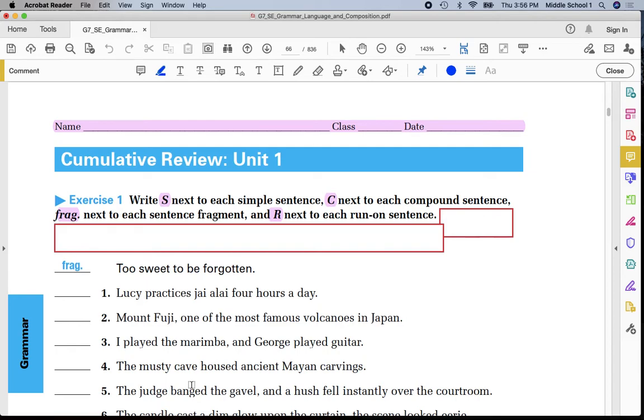Please put your name, the class number, and today's date on top of the page.